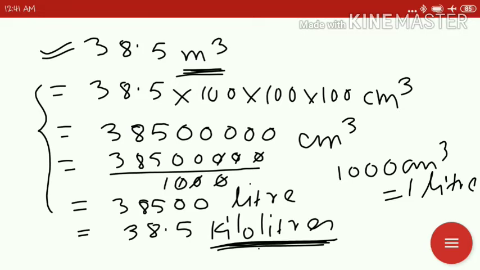So it is better if you show this conversion after finding out the volume in meter cube and then convert it into the kiloliter. So that's the solution.